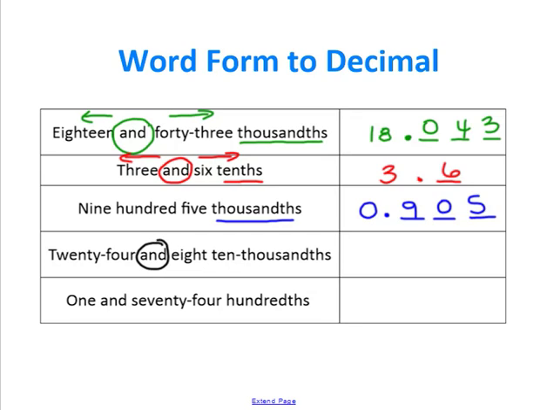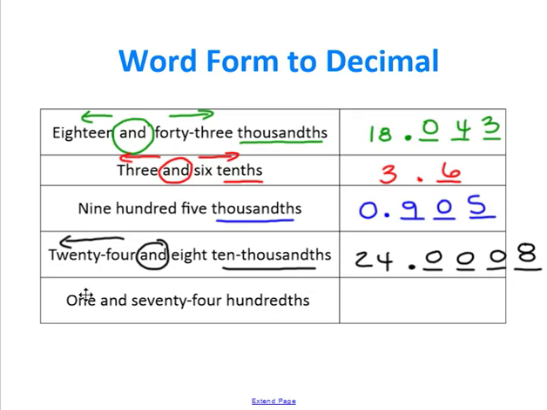So circle your "and," put your decimal point. You're going to go to the left. So you have the number 24 on the left, and then on the right, you have the ten-thousandths spot. So you go out tenths, hundredths, thousandths, ten-thousandths, and you have the number 8. So you start all the way at the end, and then you fill in the rest of it with zeros.